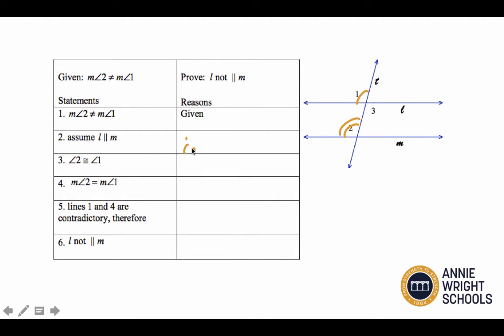So my indirect proof assumption is that L is parallel to M. So if I assume these are parallel, well then that means angle 1 is congruent to angle 2, because if parallel, then corresponding angles are congruent.